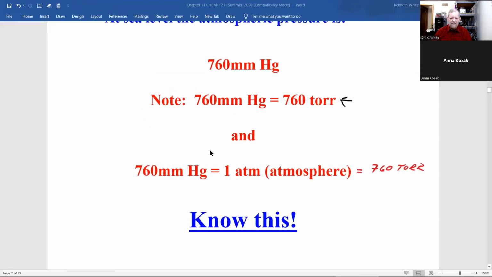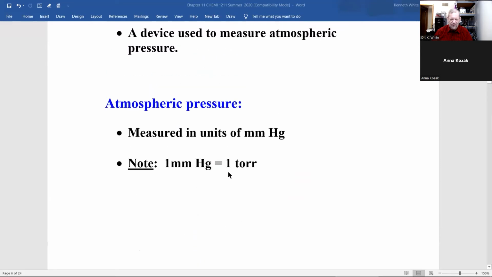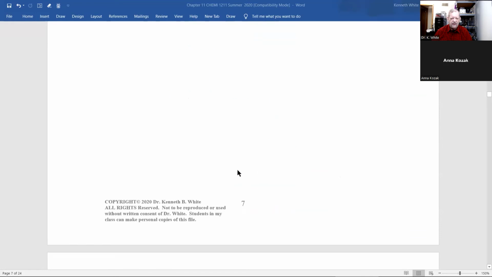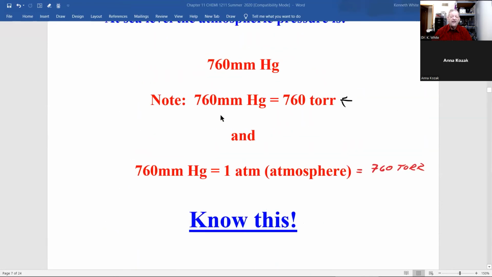All right, so again, remember, 1 millimeter mercury equals 1 torr. And at sea level, the pressure, atmospheric pressure, no storm, is 760 millimeters of mercury, which is also defined as 1 atmosphere.